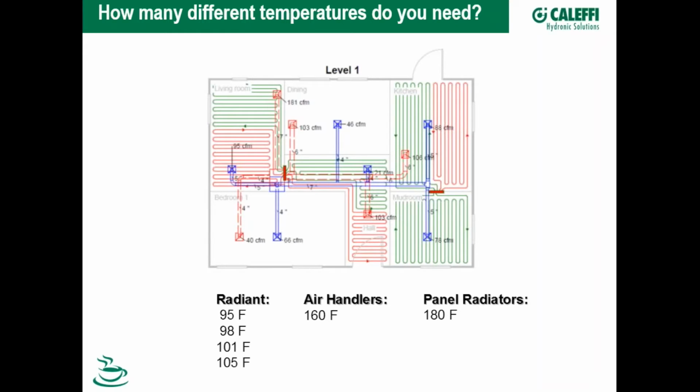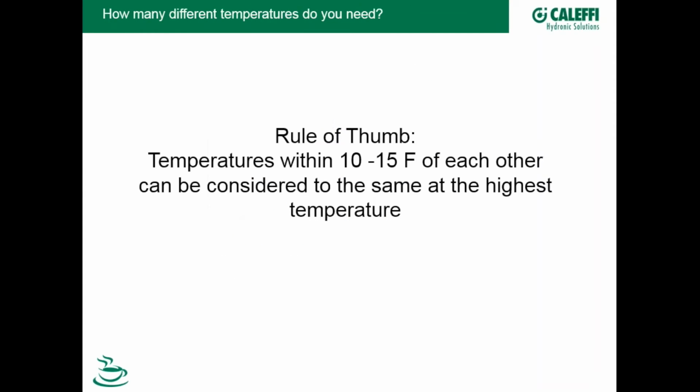When I started to work on this talk with Caleffi, this is probably one of the more interesting conversations that Bob and I had about our past experience with temperatures like this. And something that we agree on is this rule of thumb when looking at mixing valves in multiple temperatures.